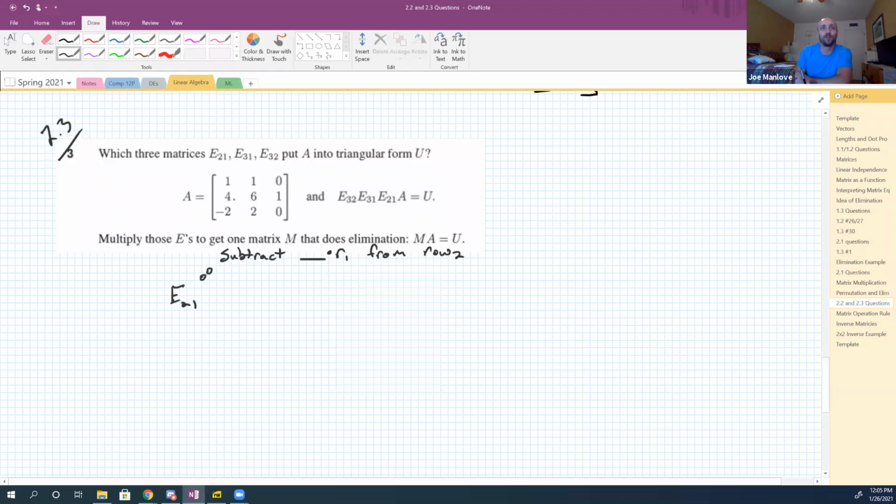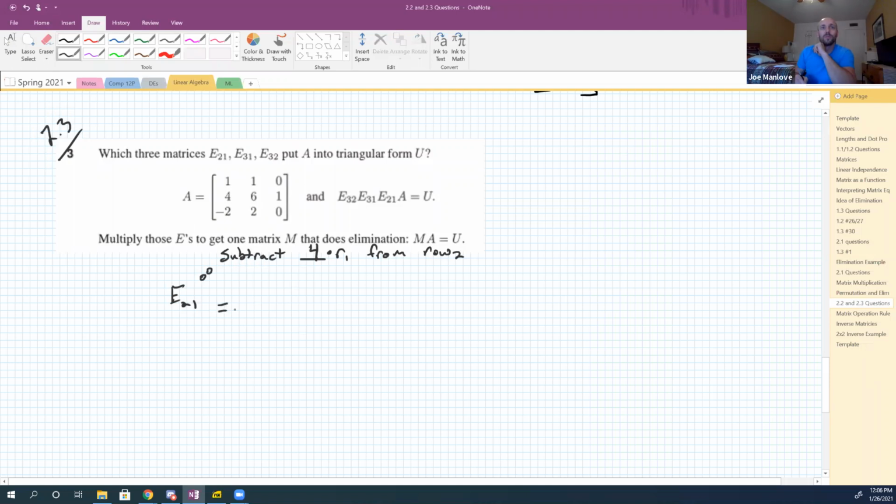If you want a 0 to appear here, 4 minus what is 0? 4. Good. And what do I multiply 1 by to get 4? 4. Good. So I'm thinking I should see a 4 minus 4 here. So I need to subtract 4 times row 1 from row 2. You guys all see that?